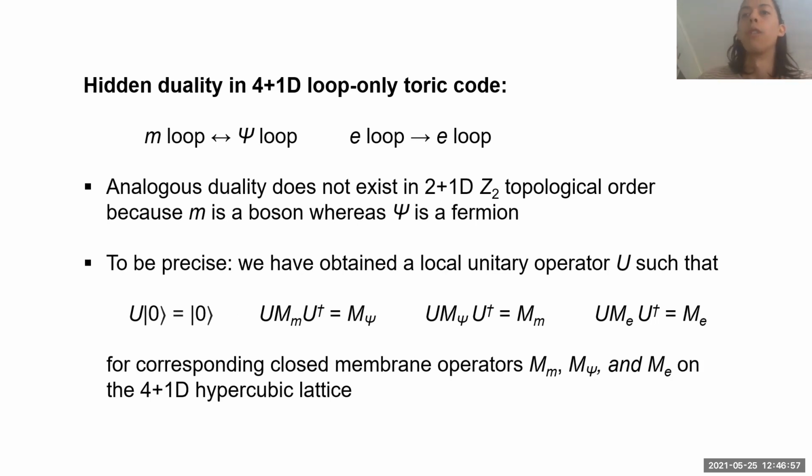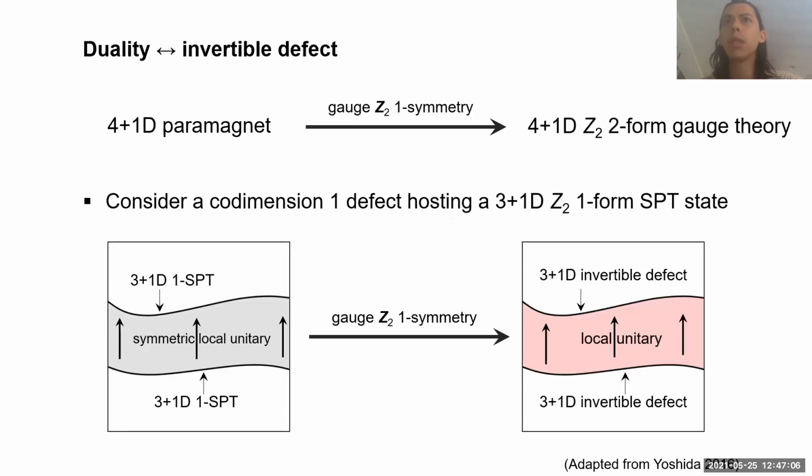Now I just want to explain the intuition behind this duality and how we were able to obtain this result. The essential idea is that this duality corresponds precisely to a particular kind of invertible defect that can arise in the 4D loop-only toric code.